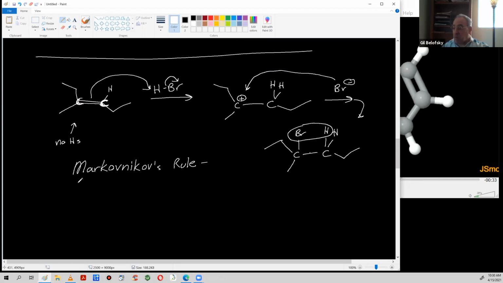Markovnikov's rule says basically that hydrogen adds first to the carbon that has more hydrogens to begin with.